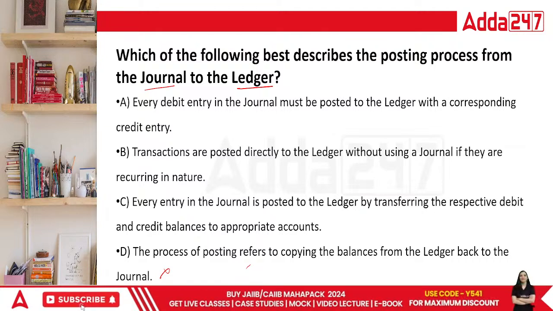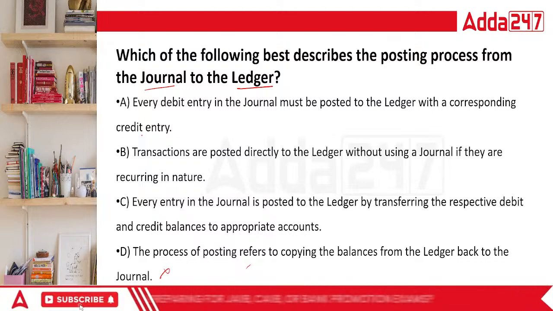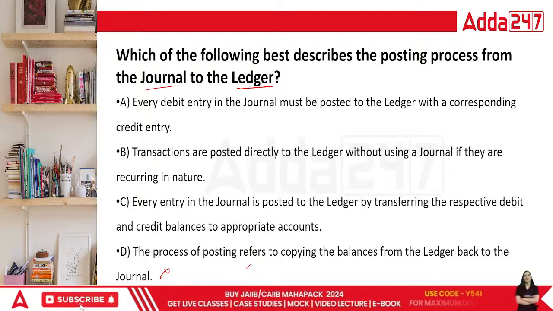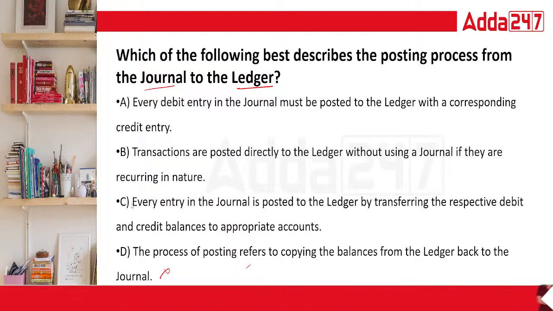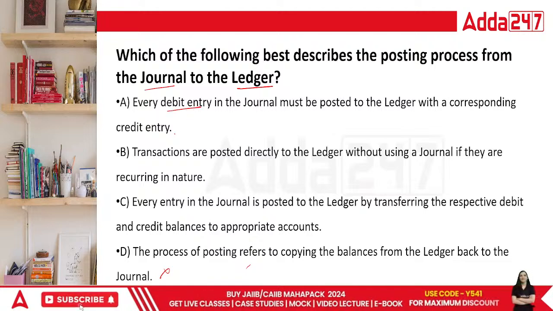Everybody, what's going to be the answer? See, the point is the first one: every debit has a corresponding credit. That's not the point, because when we talk about every debit having an opposite, it is not about an opposite credit. There is no opposite credit there. If it's a debit part, it goes into the debit part of the ledger.